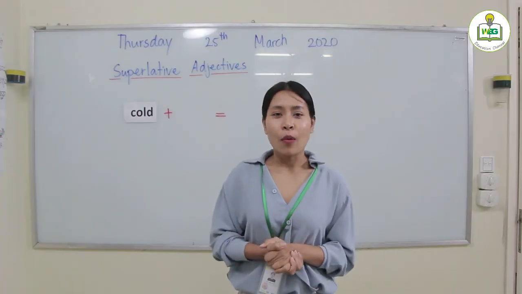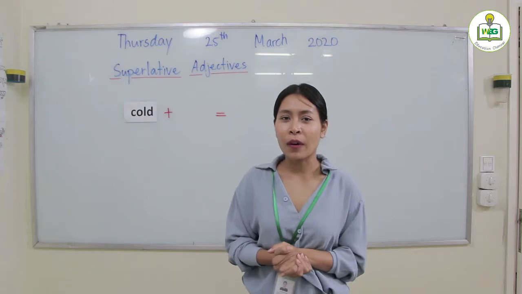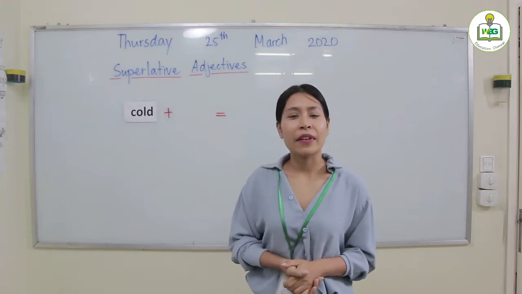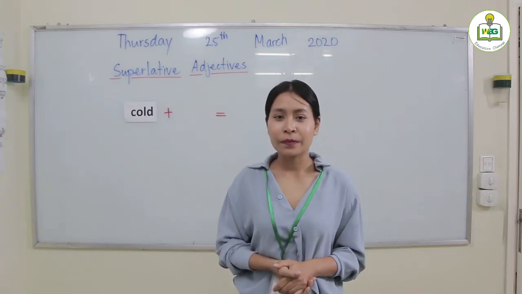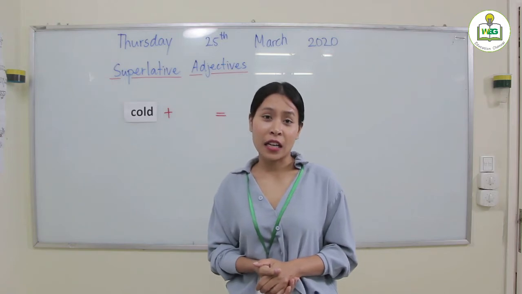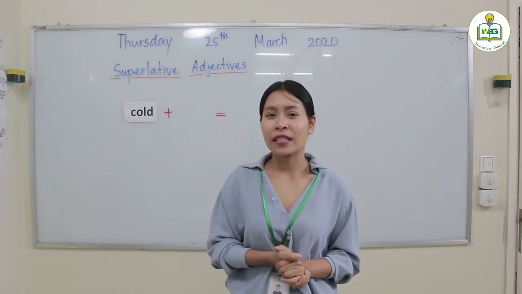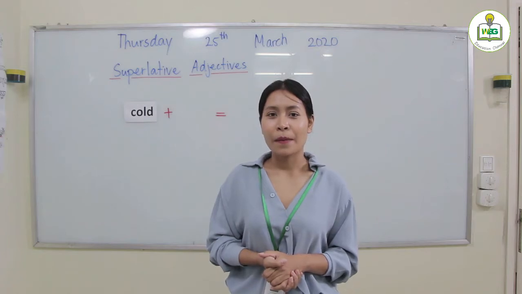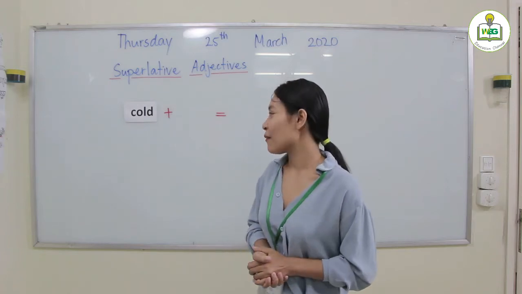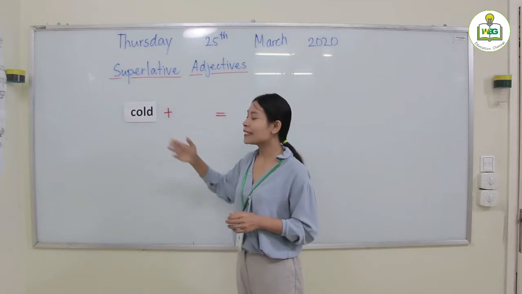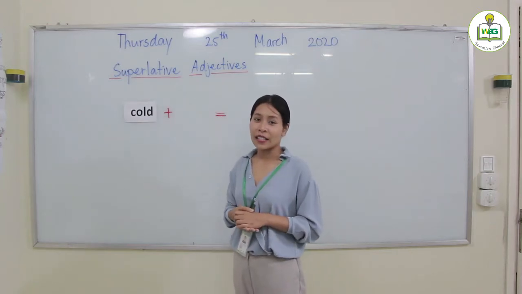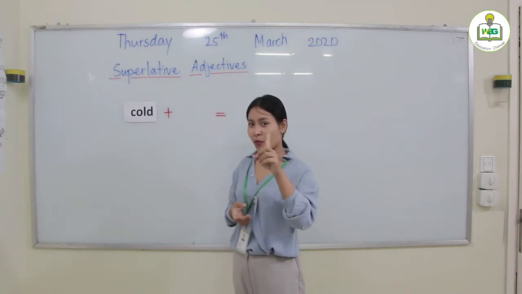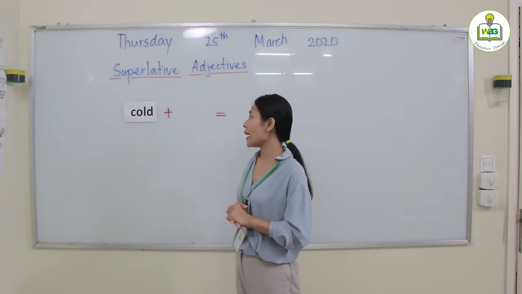Alright, so what is the rule and form for superlative adjectives that have one syllable? Can you give me an example of a one syllable adjective? Well, let's have a look at this. Cold is a one syllable adjective word. It has only one sound. Cold, right?